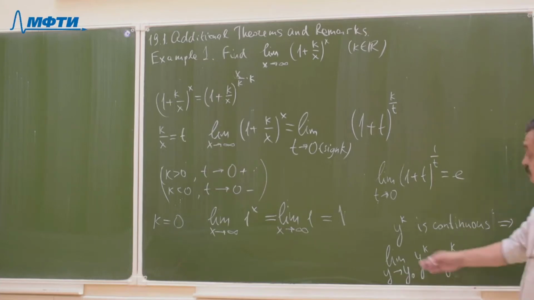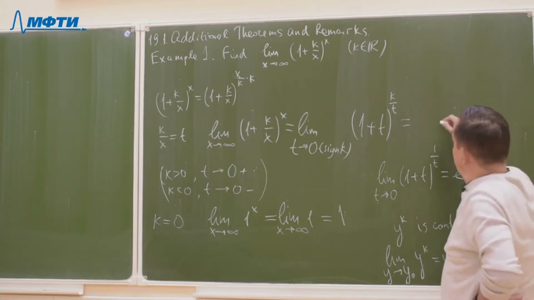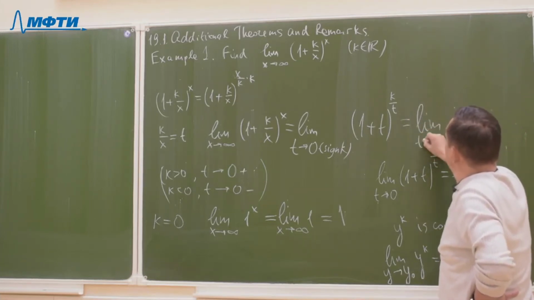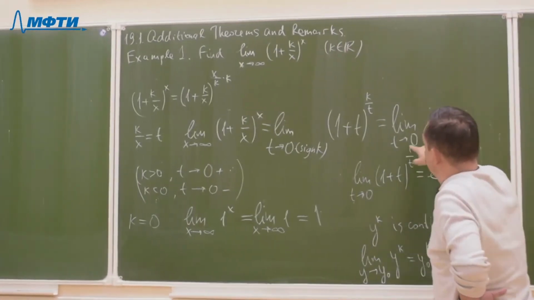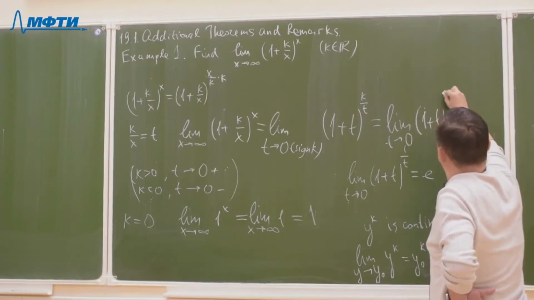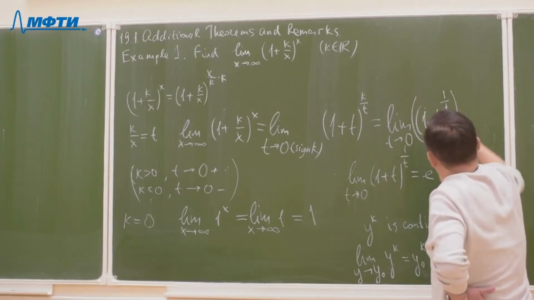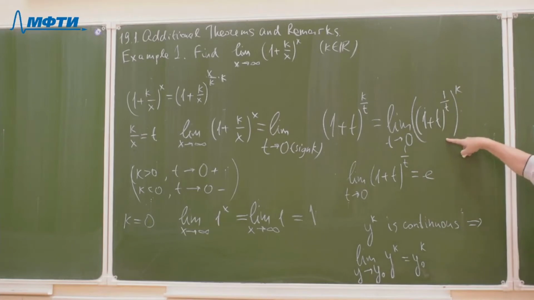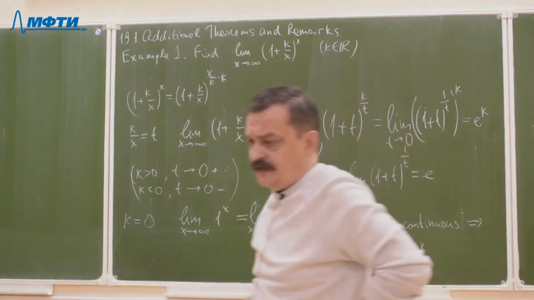Hence, if we use the continuity of that function, we know the limit exists without any restriction, so we have y power k with y tending to e, hence the limit is e to the power k.